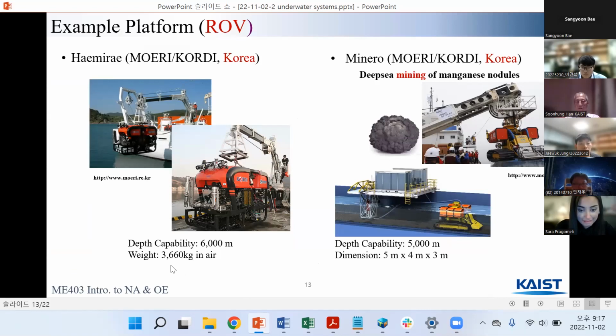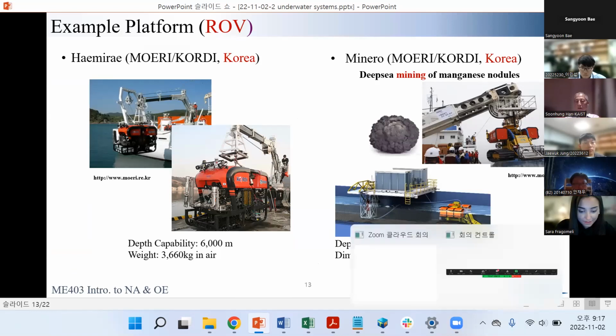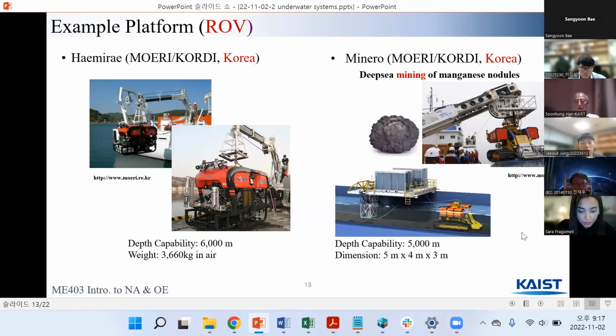Weight is a little bit small as usual, 3 ton. And there is another one from Korea that is for deep sea mining of manganese nodules. And depth capability is similar, 5 kilometer, 5, 4, 3 meters each.